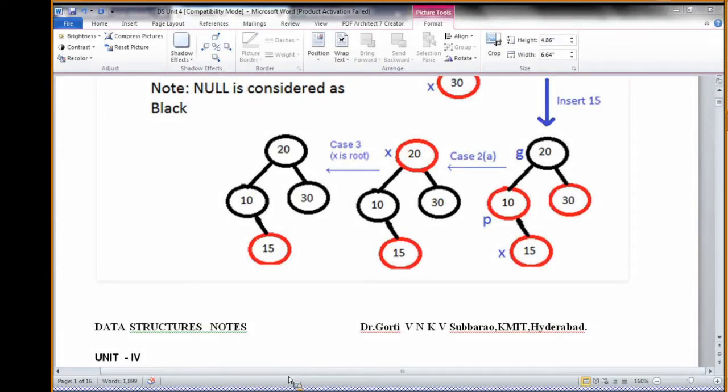If 20 is the root, then we keep the root color black, and we do the recoloring.